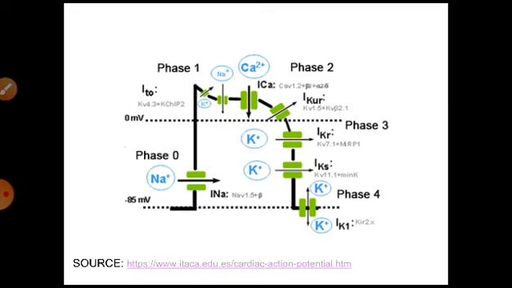So here you can see the sodium channel opens, sodium enters, and the depolarization starts from here, which we denote as phase 0. Sodium keeps on coming in, and it goes up to threshold, and at the threshold the impulse is generated. When the impulse is generated, more channels are opening and more sodium is coming in, and the depolarization happens. Okay, and you can see that it reaches phase 1.